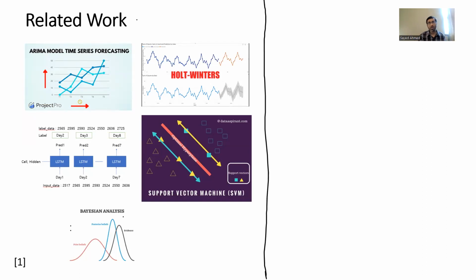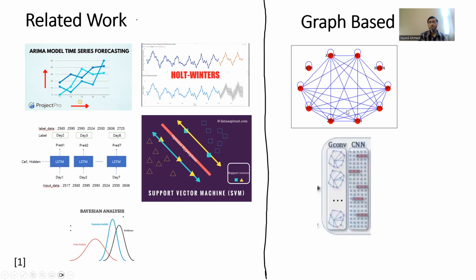What this paper has done, as I told before, is use graph-based approaches, representing the stock interactions as a graph, as you can see in the first image. There are edges, and sometimes we also put some weight on them.